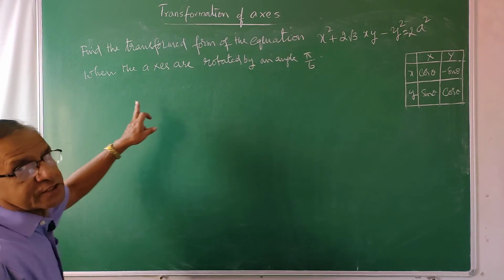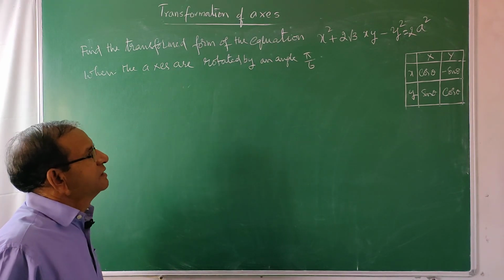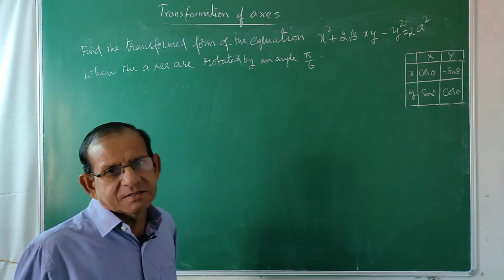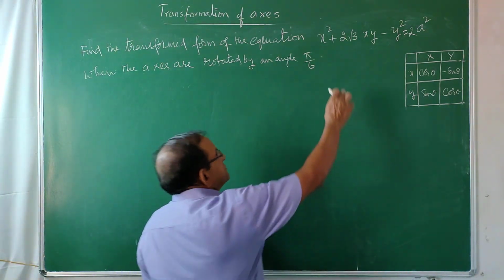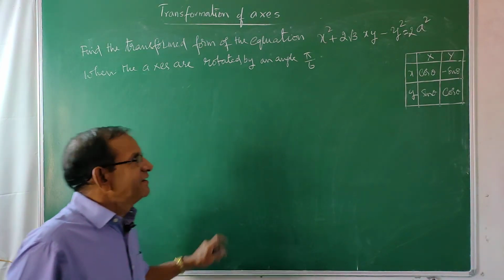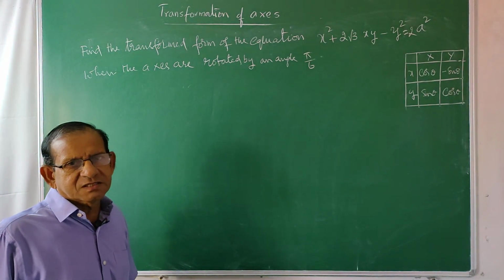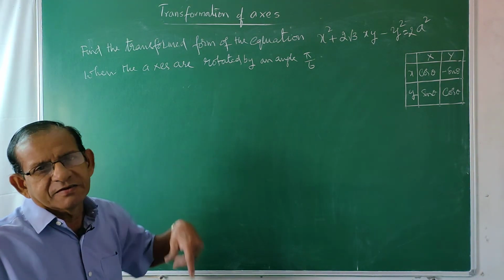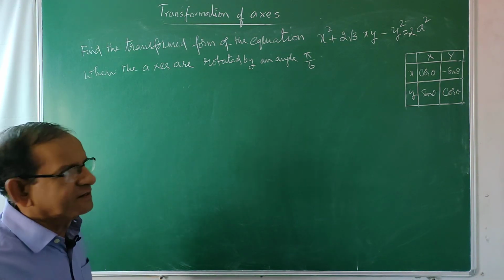Now see this question. Here the axes are rotated by an angle pi by 6. Then what is the transformed form of that equation? Here theta is given as pi by 6, that means 30 degrees. Then what is the changed form of that given equation due to rotation?